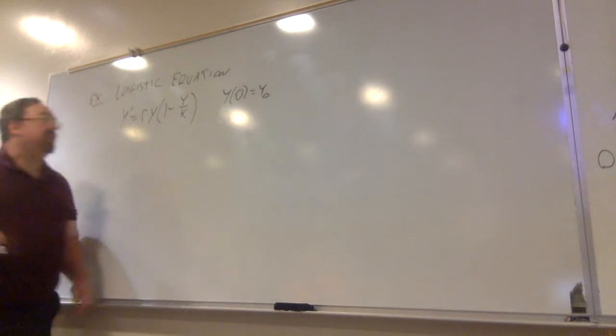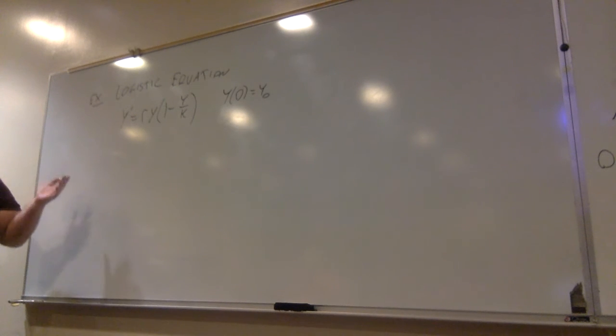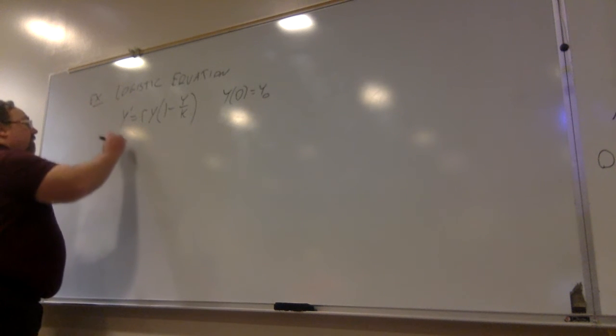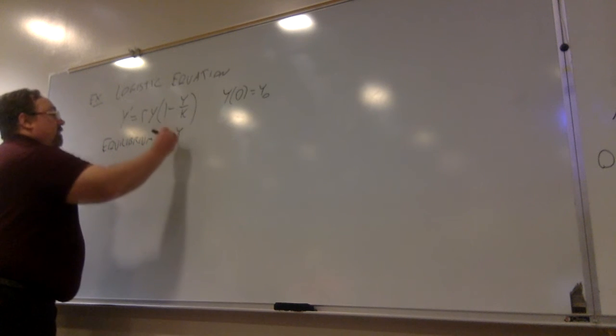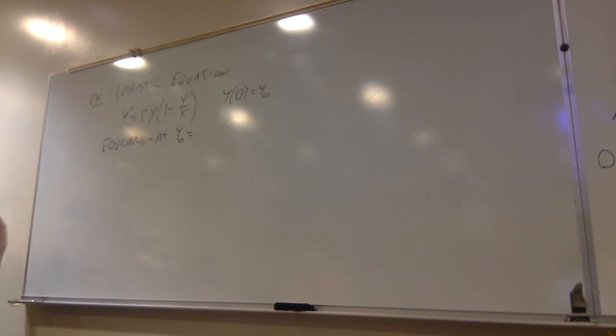Okay. So what we want to do is figure out when this right-hand side is equal to 0. In this case, it's convenient that it's already written in factored form. If it was not, then you would need to factor it. So for what values of y is this equal to 0?